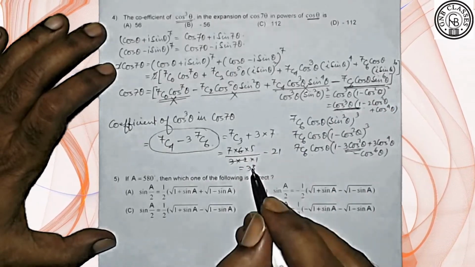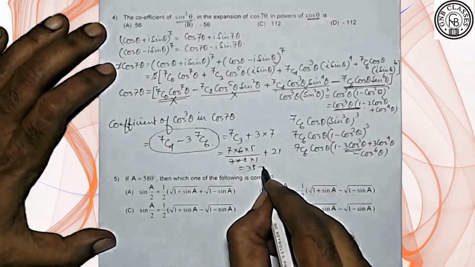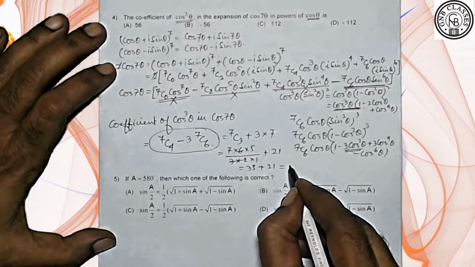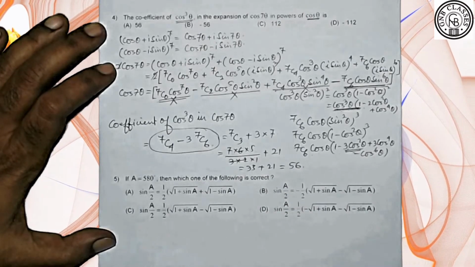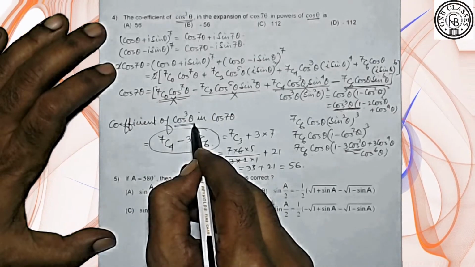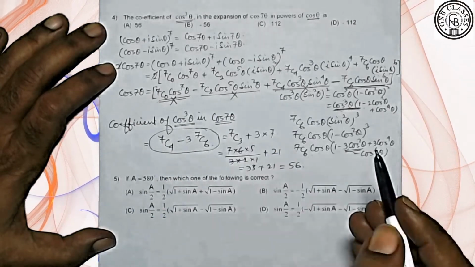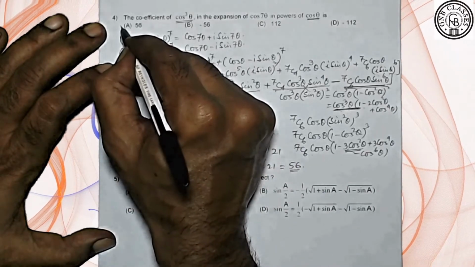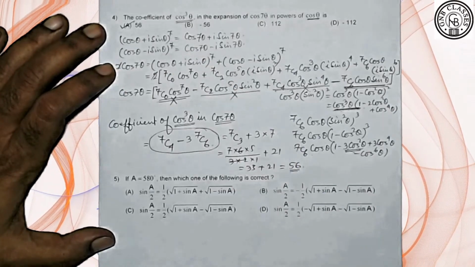So this one will be plus, okay? So it is basically 56. Is it clear? Therefore, the coefficient of cos cube theta in the expansion of cos 7 theta is 56. That is, your option A is correct. Is it clear?